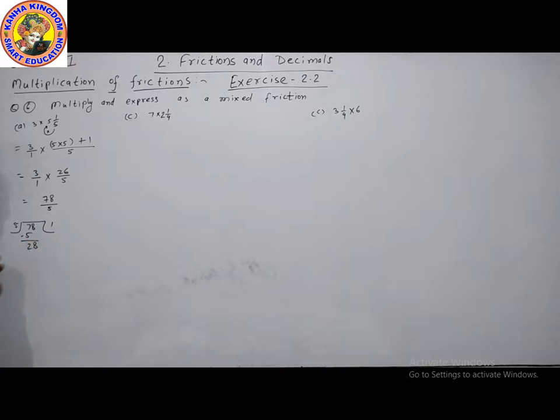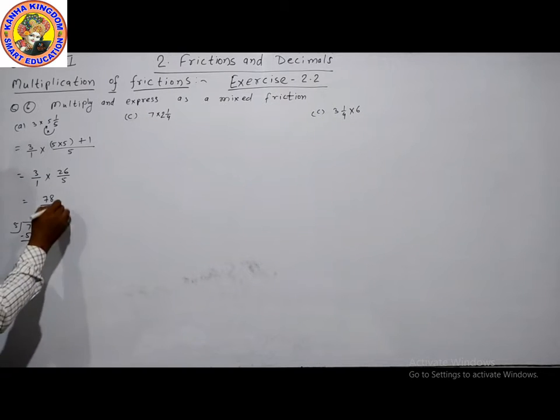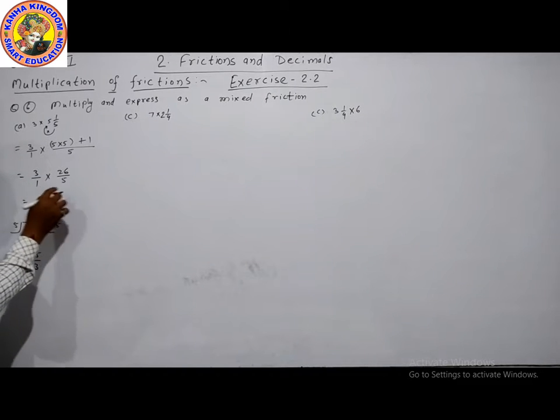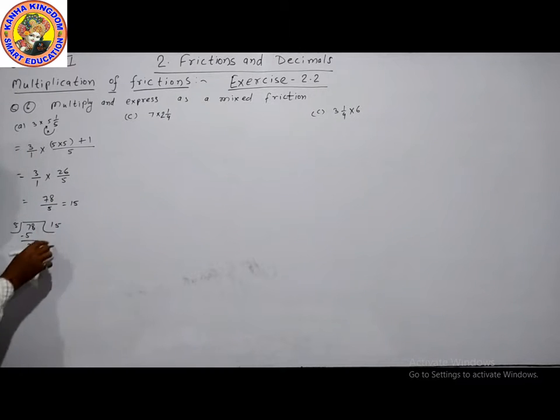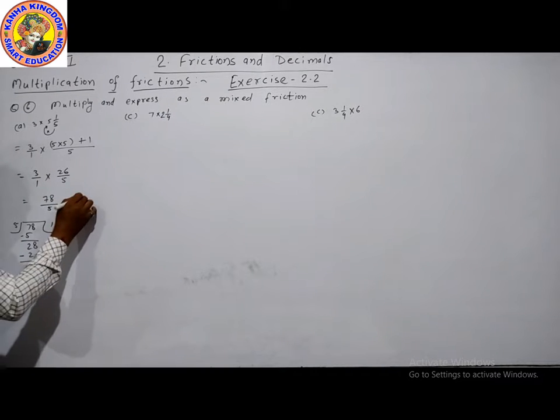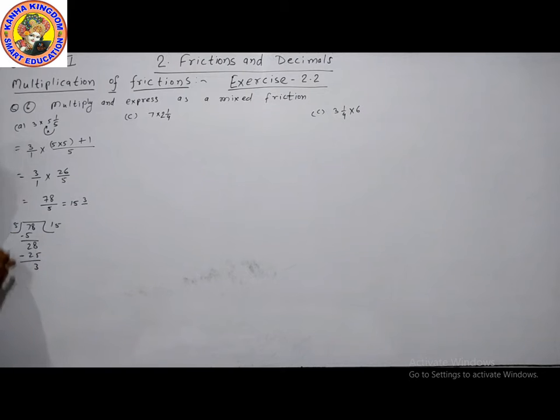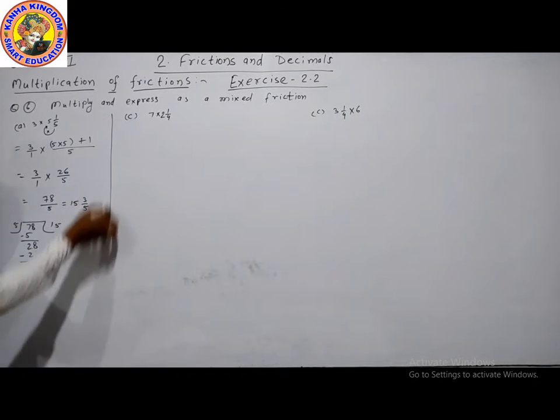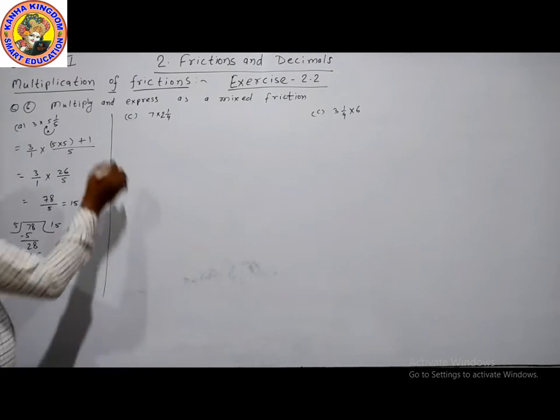Next digit is 8, so 28. 5 times 5 is 25. The remainder is 3, and 3 is less than 5. There is no next digit, so we stop here. We divide 15 complete times, the remainder is 3, and we divide by 5. This is our answer. Next question.